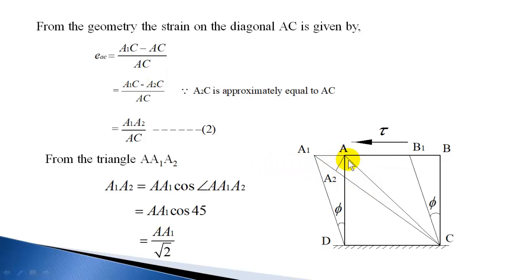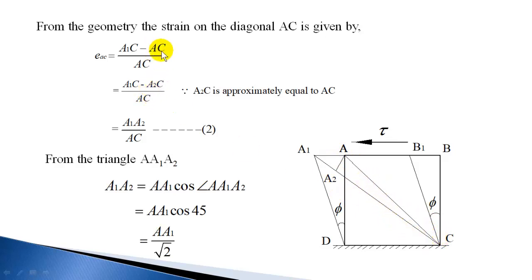Instead of AC, you can take it as approximately equal to A2C. I am just dropping a perpendicular to this. So this length and this length are almost the same, because this is a very small movement. AC and A2C can be taken almost equal.